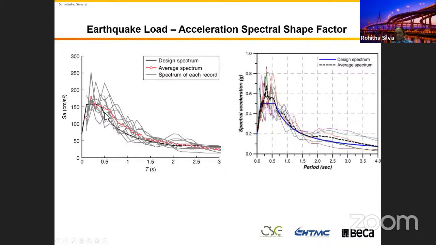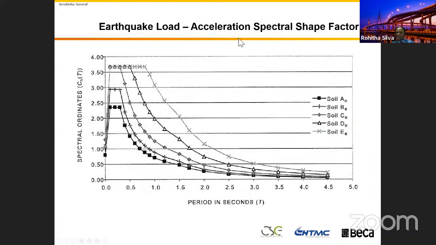So this design spectrum we use in our earthquake design. We use this spectrum as the time dependent force we apply to our structure, and we look at the behavior of our structure. In the Australian standard, as I mentioned, we categorize our ground condition, because the earthquake force depends on the actual ground, since it's generated from the ground.